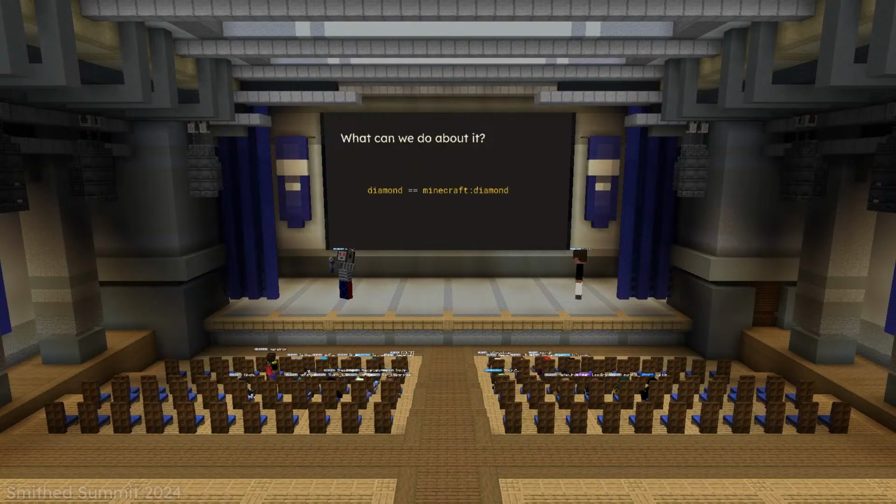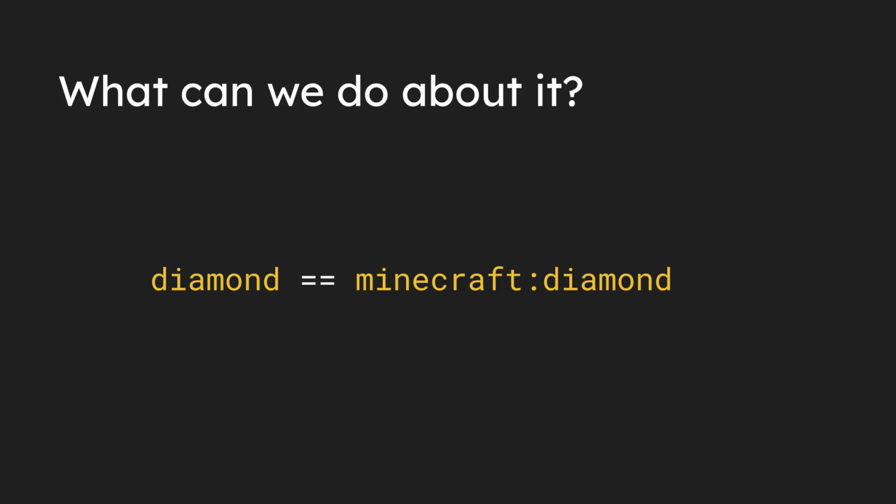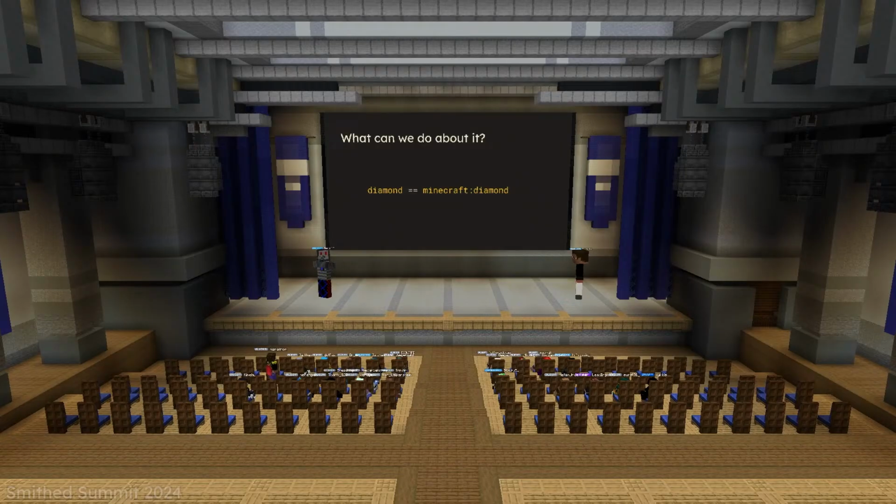So in Minecraft, if you write something without a namespace, it just defaults to the Minecraft namespace as shown here. But in a technical data pack, that really isn't that useful because you really don't use the Minecraft namespace that much. You're mostly just calling functions and storages, neither of which are going to be in the Minecraft namespace.